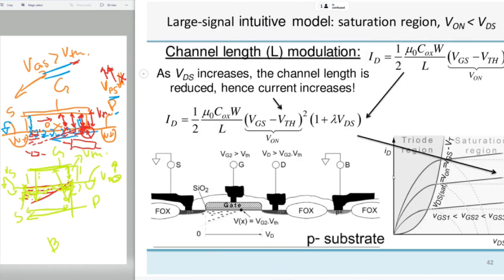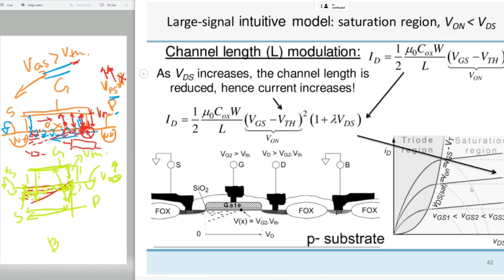Then the current characteristic will not be flat here, but it will increase like this. With an increase of the drain-source voltage, we will still have a certain increase of the current. And this gives rise to the definition of the output resistance of the transistor.